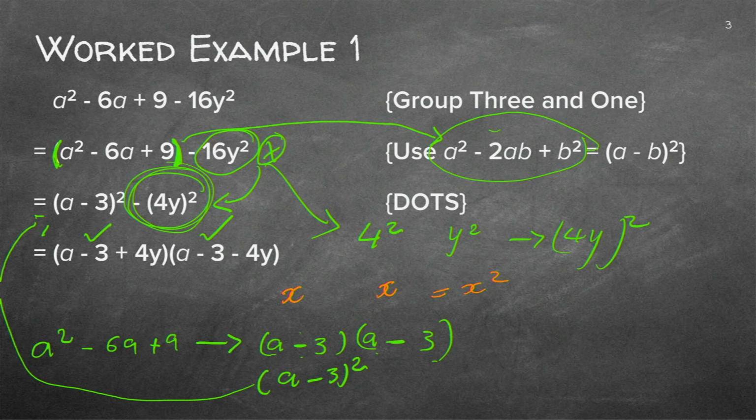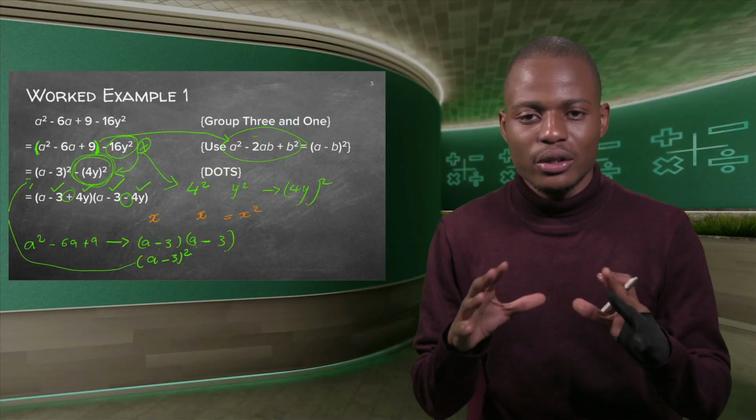And you also need to break down the values of 4. So it means you're going back to factorizing using difference of two squares. So you need to bring down 4y and another 4y there. But the signs must not be the same. The signs must always change, okay? So guys, this is how you do this whole thing, okay?